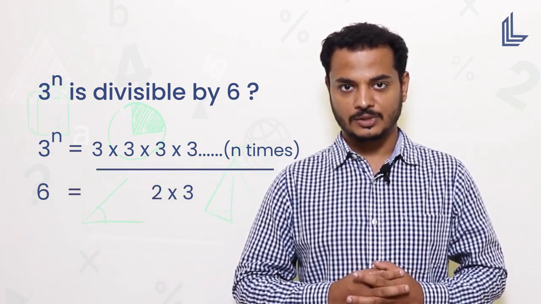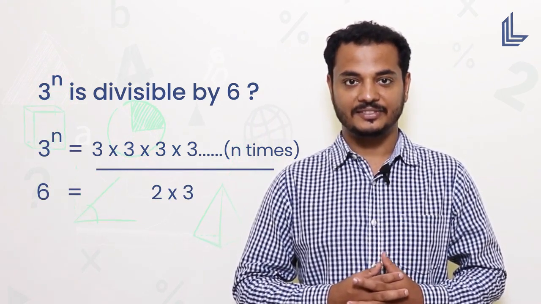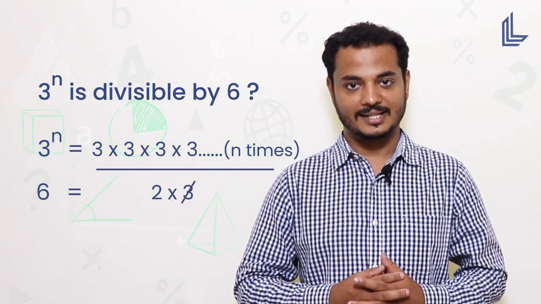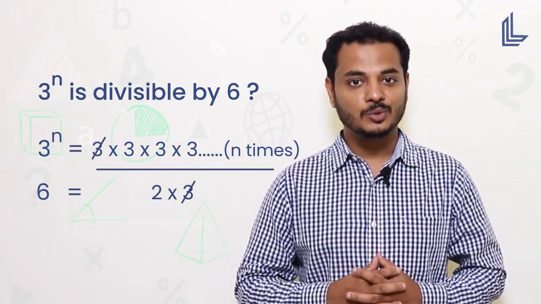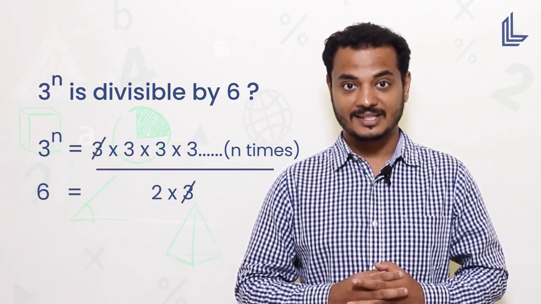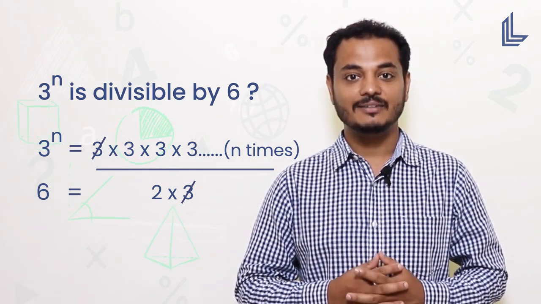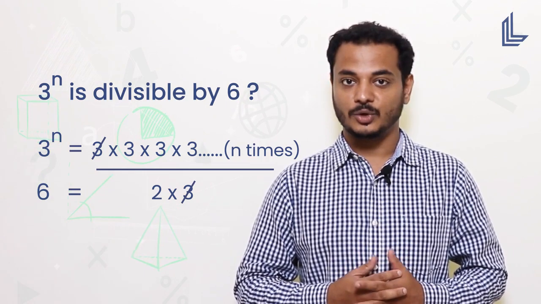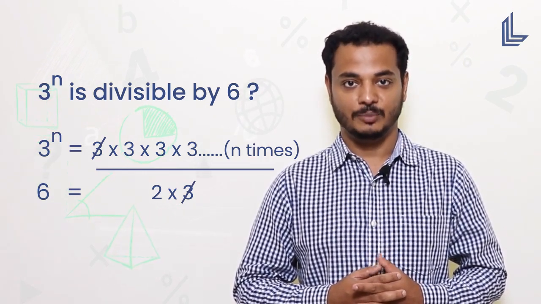Now observe closely the numerator and denominator. You can easily see that the 3 in the denominator will get cancelled off with one of the 3's in the numerator. But what about 2? Will this ever get cancelled off with the numerator? Not really. You take any value for n, what you are doing is you are just increasing the number of 3's in the numerator.